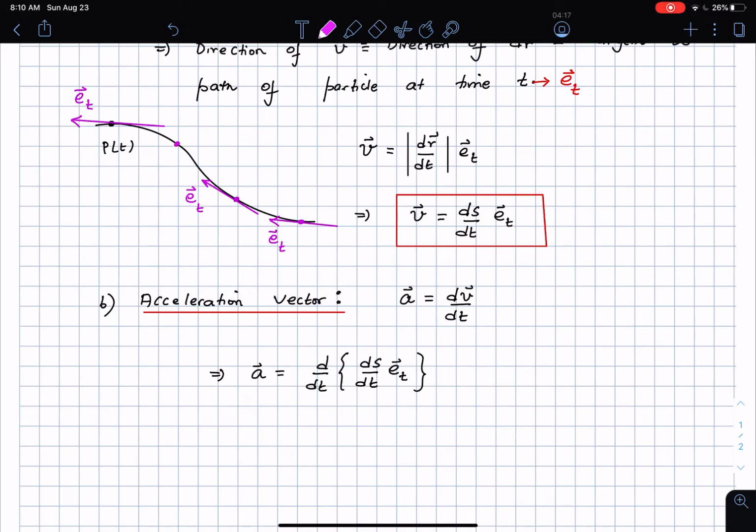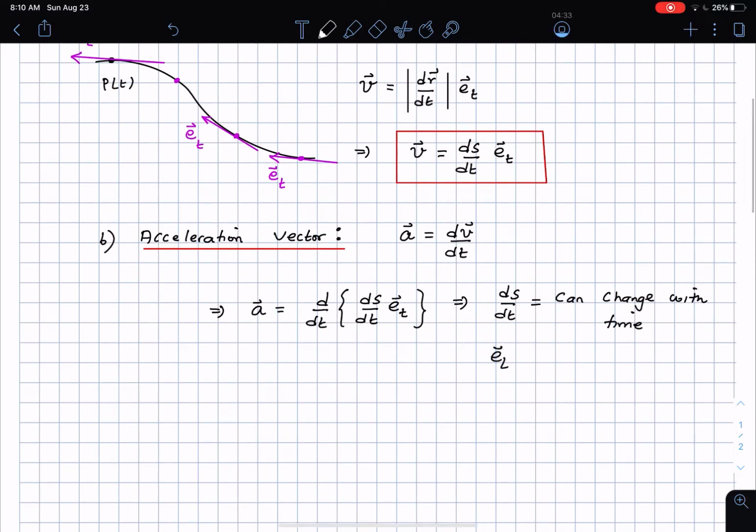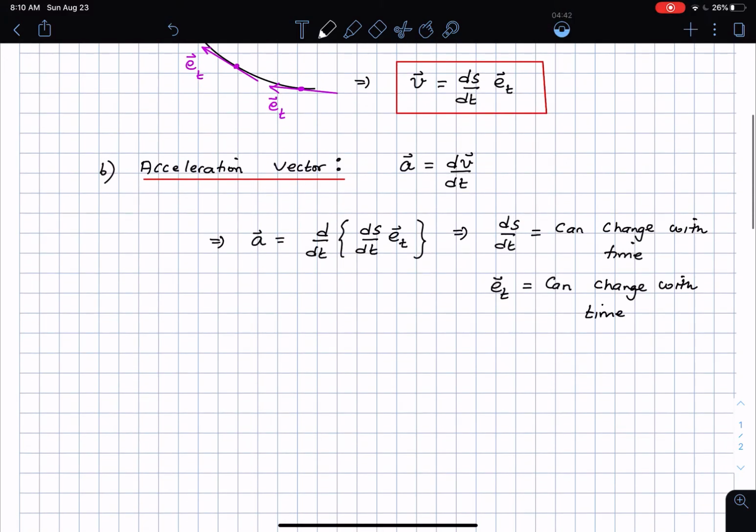So something to note here is that the quantity ds by dt can change with time. Then the quantity e of t can also change with time. Which means that if I'm looking at the acceleration vector, then I have to use the product rule of differentiation.